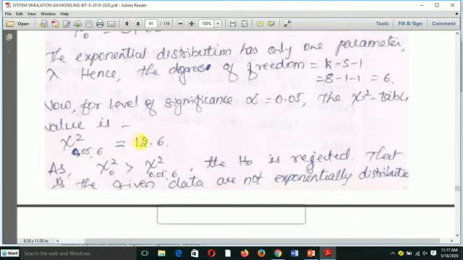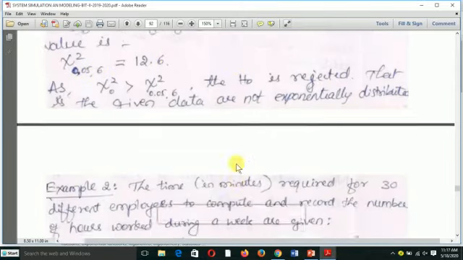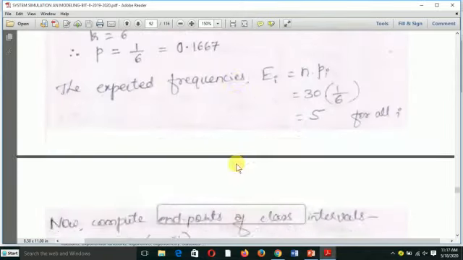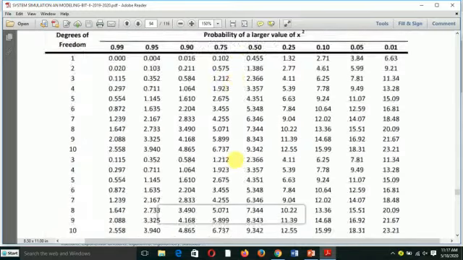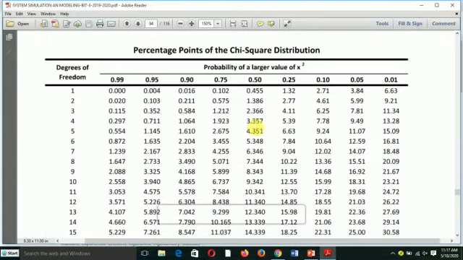It is 12.6. Let's check in the table. We go in the table. We are having 0.05 here. When the degree of freedom is 6, we see that it is 12.59. So it is 12.6.